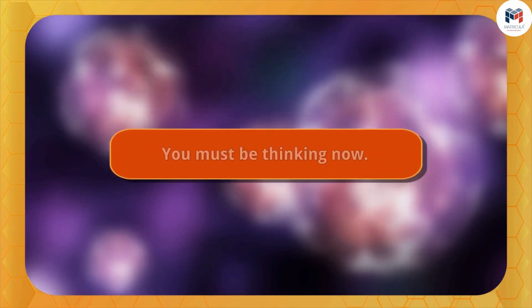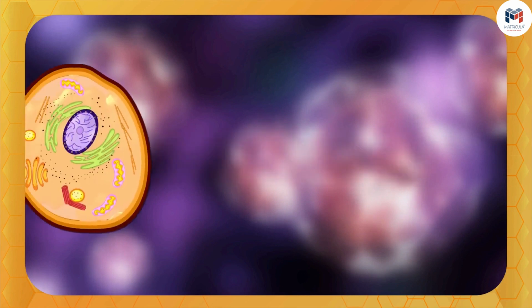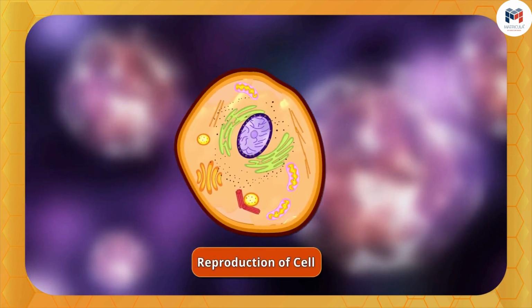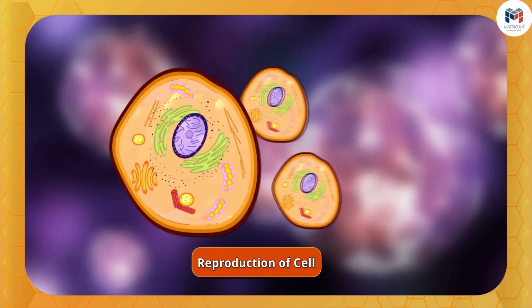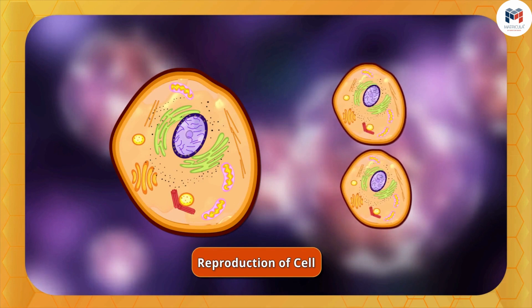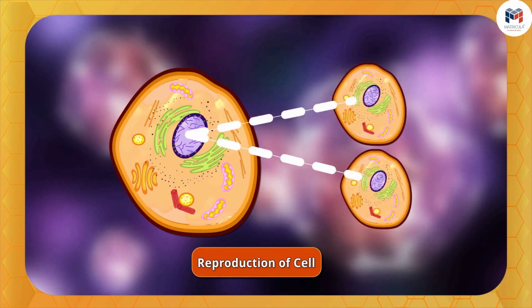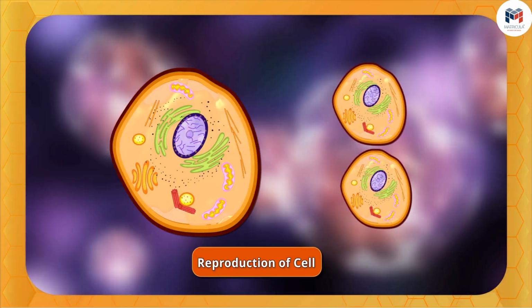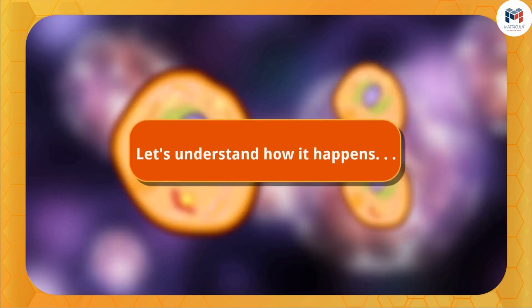So friends, you must be thinking now, do cells also reproduce? Yes, reproduction occurs in cells as well. In this process, one cell divides into two new cells, and the information and instructions in the new cell that is formed by cell reproduction go through the nucleus. Let's understand how it happens.